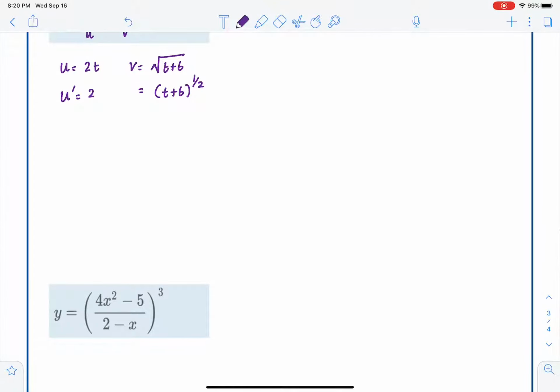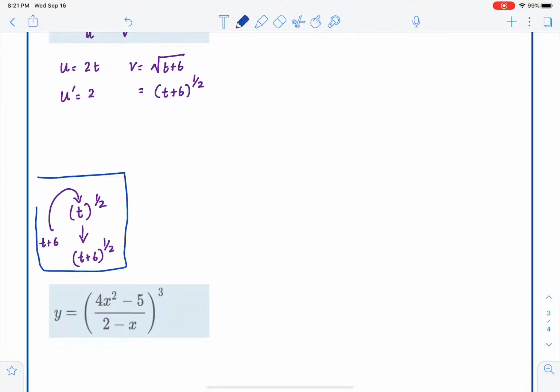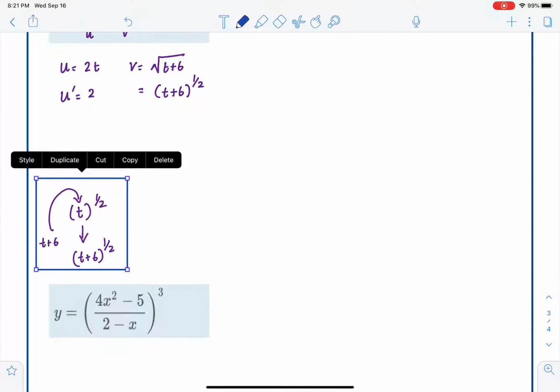If v were to be square root of t, then we can differentiate it directly. But here we have t, that is the variable. The function is t plus 6, goes in to give (t plus 6) raised 1/2, which implies that we have to use chain rule.